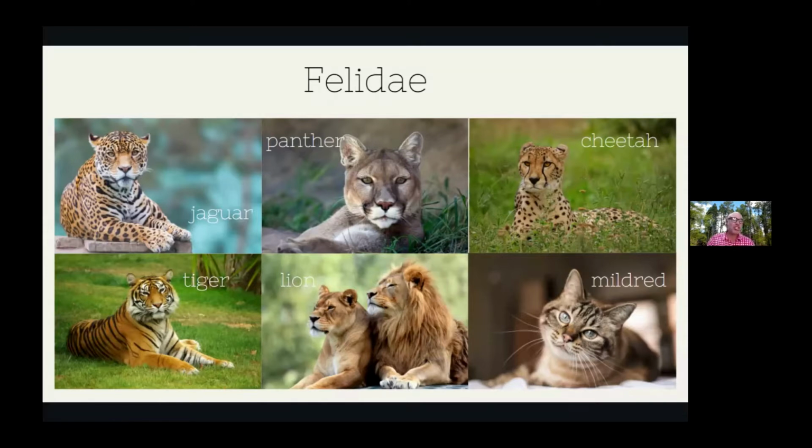We have the jaguar, the panther, the cheetah, the tiger, the lion, and Mildred. I'm sure you can see the familial resemblance among these organisms.